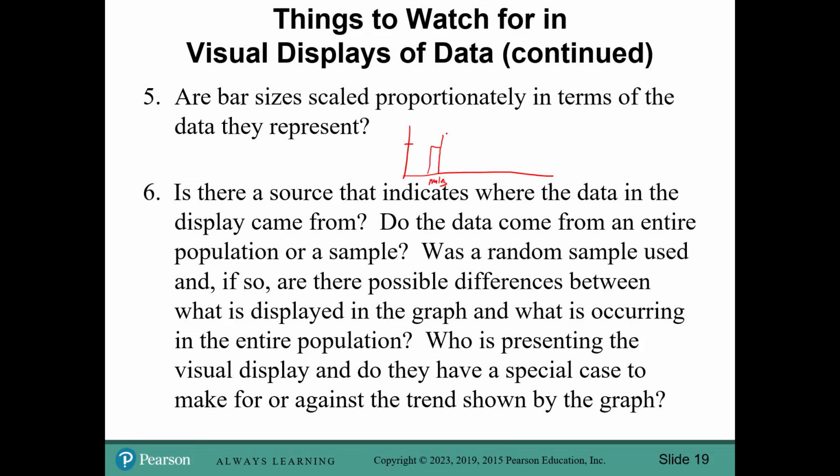I'm just making stuff up as I go. But you might have then females, but if your bar is like that big, it makes it look like there's a huge difference between females and males if this is my female bar, simply because it's so much wider, right? The difference between here and here might only be 1 year, let's say, but it looks like there's a huge difference because of the thickness of that bar when it has nothing to do with anything.